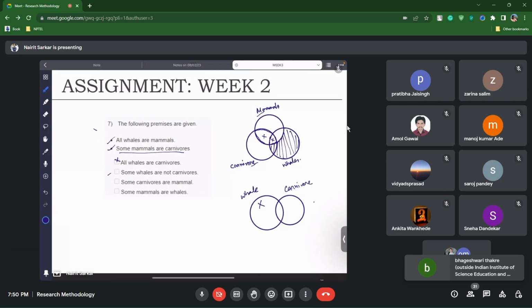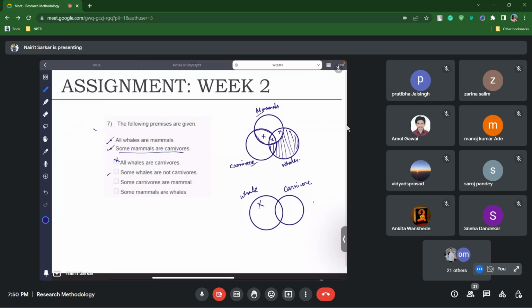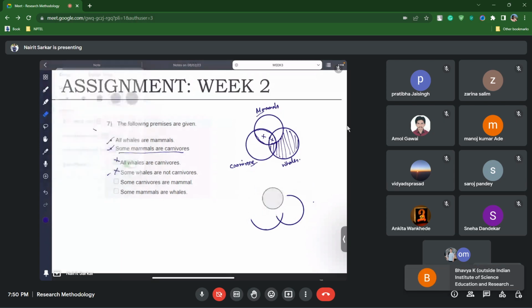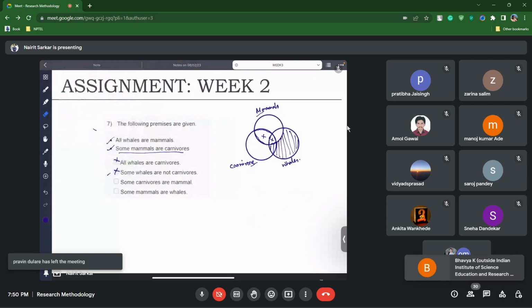So it is again invalid because if the whale carnivore were here, then we should have said it is valid, but it is not. So again this one is invalid. Now the last two, whether it is valid or not. Anyone want to tell me?